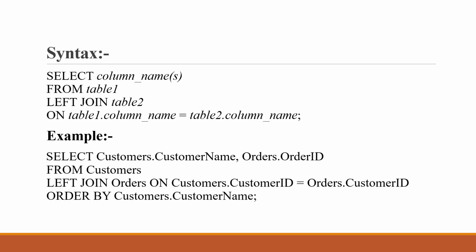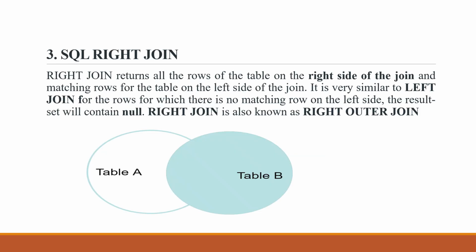For example, customers table. Select customers.customer name, orders.order ID from customers left join orders on customers.customer ID is equal to orders.customer ID order by customers.customer name semicolon.